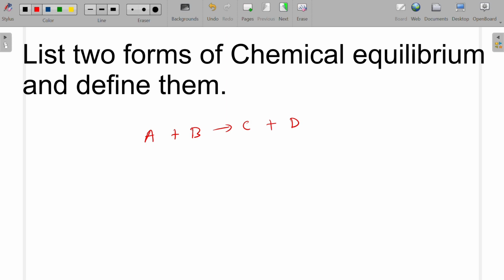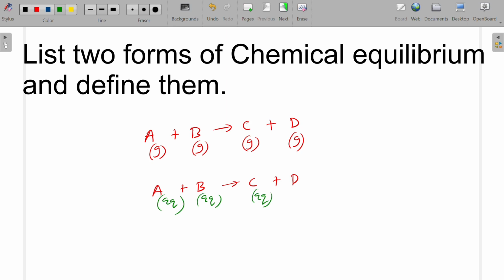If we find out that our A is in gaseous form, our B is also in gaseous state, and our C is also in gaseous state, our D is also in gaseous state, or we have the same A plus B giving us C and D on the other side again, and we find out that this reactant A is in aqueous state, B is also in aqueous state, C is also in aqueous state, and D is in aqueous state.